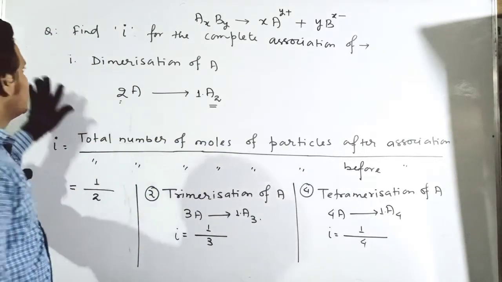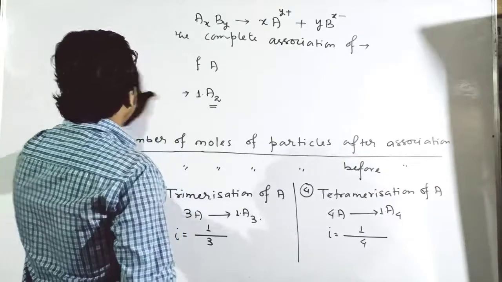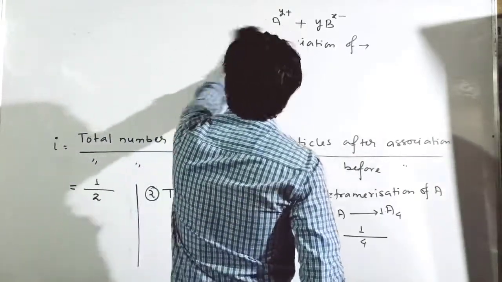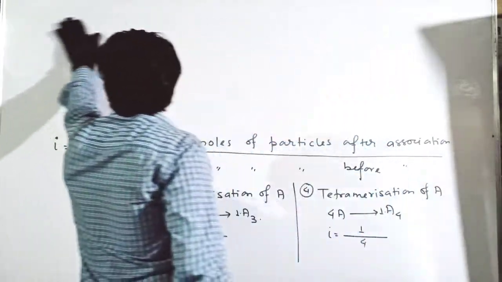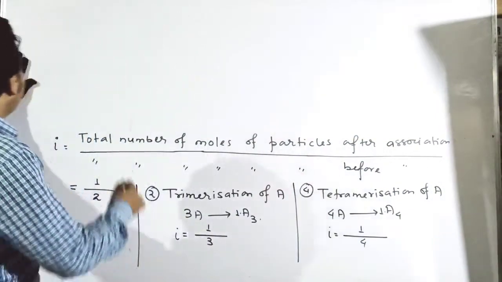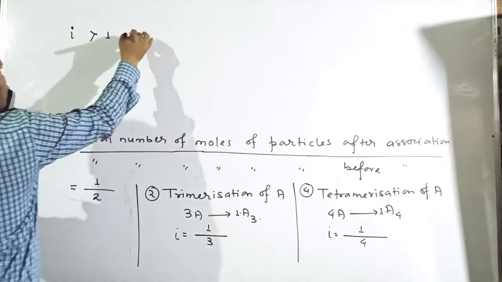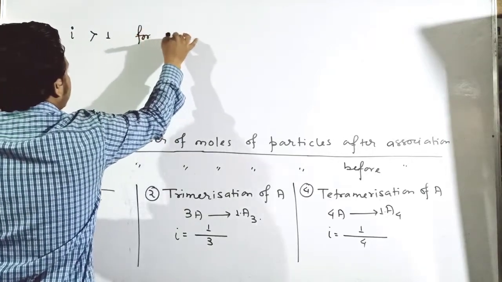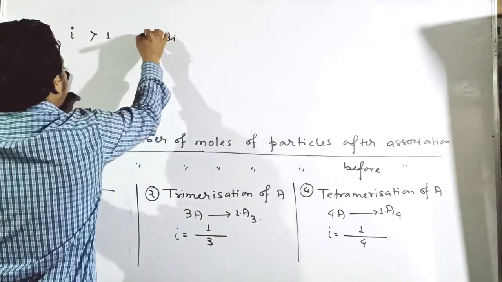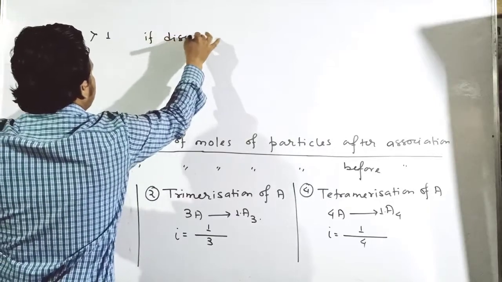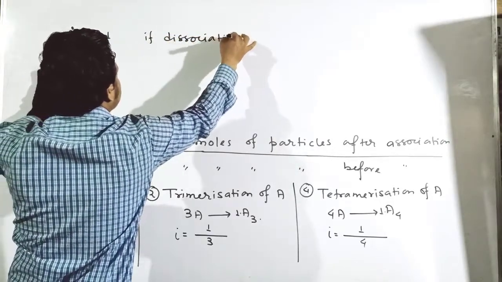Okay. So finalize, we can write that the value of I will be greater than 1 if dissociation occurs.